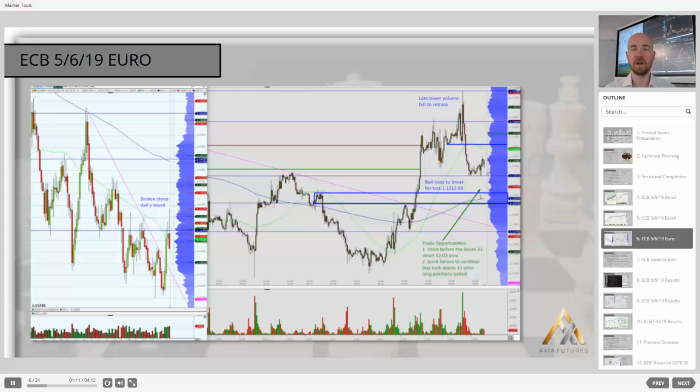Therefore, there's going to be a lot of stops positioned just below that area. As such, any move down towards that can provide a quick flush down into the box lower down. That box comes in between 112.12 and 112.03. This is your next area of support and would complete that structural trade to the downside.